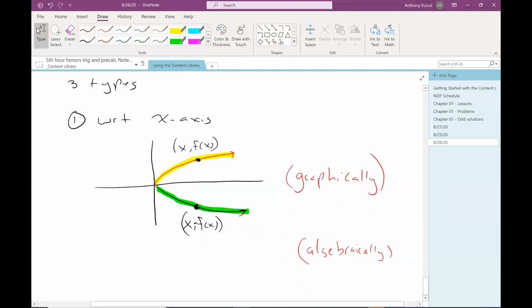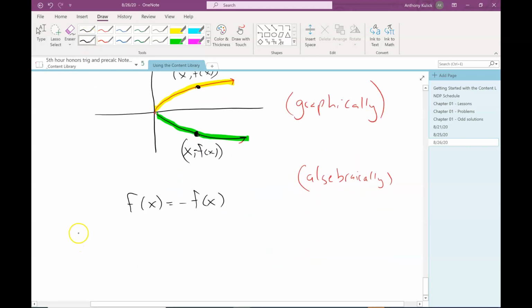So what I can say then is that f of x should equal negative f of x, right? That if I have like 2 comma 4, this would be 2 comma negative 4. So if I take 4, that should be equal to the negative of negative 4, which is what we're saying.